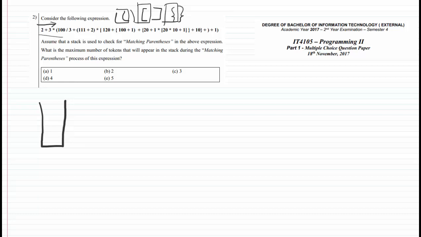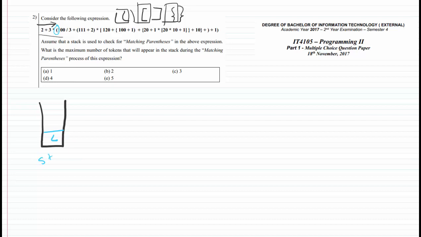Whenever we encounter starting braces, we just push them into the stack. Coming from left to right, the first open parenthesis we encounter is this one, so we push that into the stack.